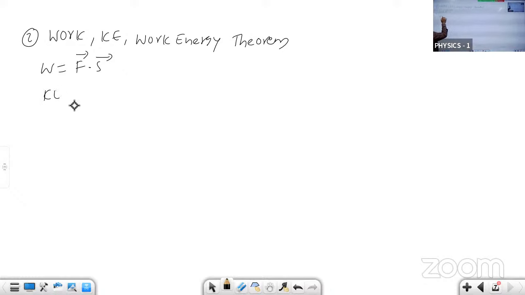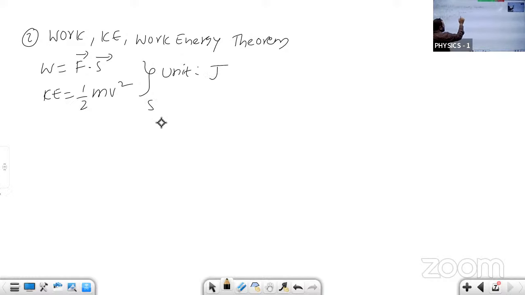Next, kinetic energy is half mv square, the energy possessed by a body with respect to its motion. So one is the work definition, one is the kinetic energy definition. Units are the same, joules; in CGS units, ergs also. Scalar quantity. Then after that, the work energy theorem statement.